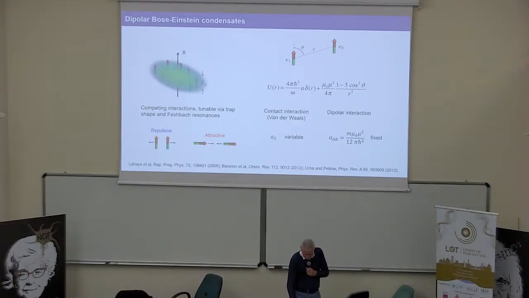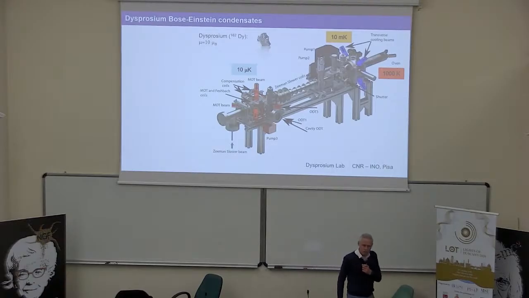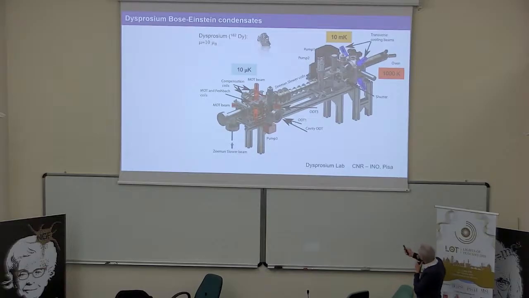So let me give you a small idea of how we do this in the lab. You probably saw it. These are cold atoms. Dysprosium is a metal with a very high melting temperature, of the order of 1000 Kelvin, so we have to cool it. By laser cooling, first from 1000 Kelvin to 10 Kelvin, then to 10 microkelvin.